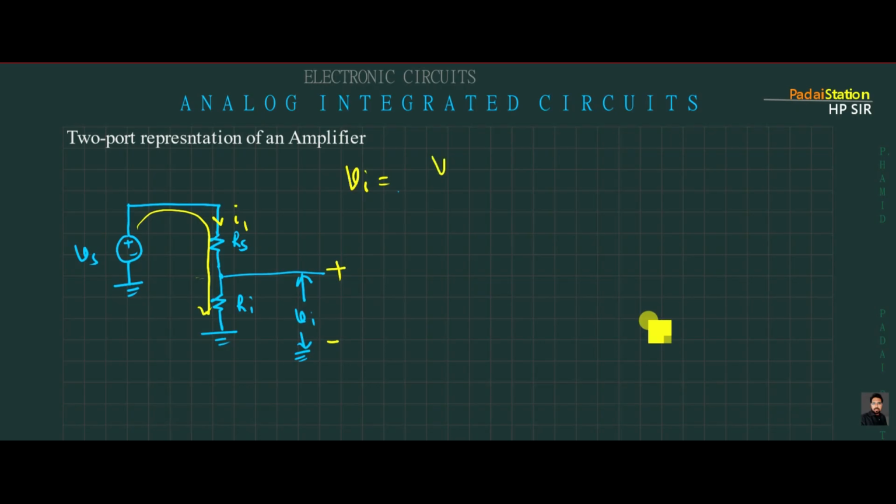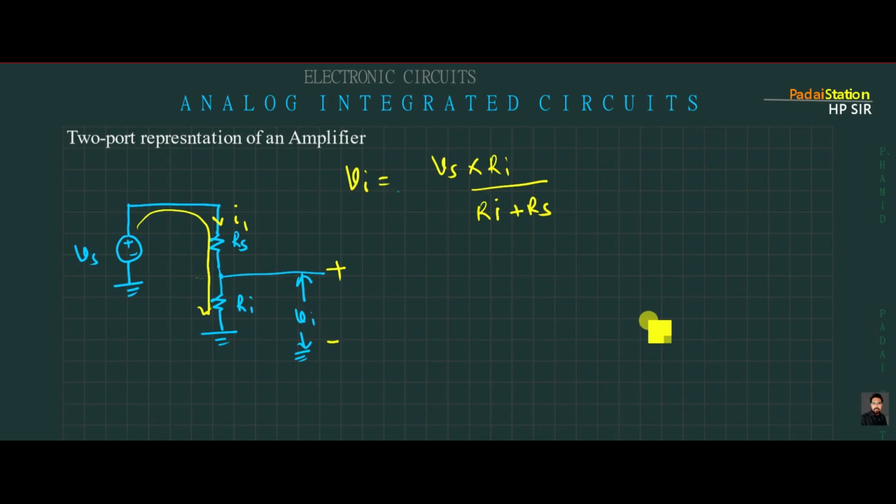Now from this equation you can understand both the effect of the input resistance of the amplifier and the effect of source resistance on the actual input to the amplifier. Let us take the first condition: Rs equal to Ri. What happens?